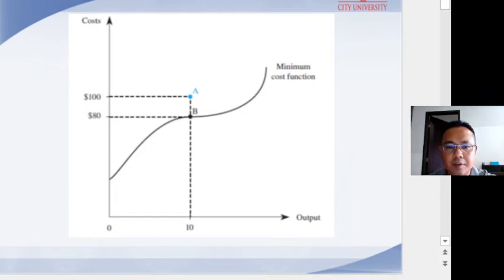Point A corresponds to the situation where a firm has costs in excess of the minimum cost necessary to produce a given level of output. At point A, 10 units of output are being produced for a total cost of $100. Notice that this cost is greater than $80, which is the minimum cost necessary to produce 10 units of output.